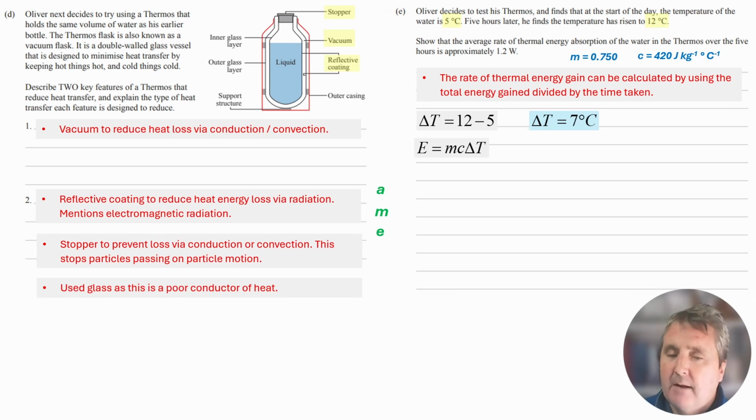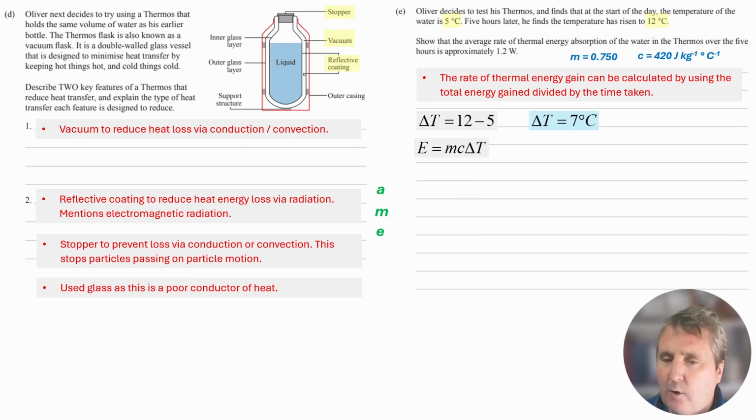After we've done that, we can find out how much energy is lost, and we can work out how much energy is lost by taking the mass of the water that we have here, taking the heat capacity of water, that is how much heat is needed to raise a kilogram of water by 1 degree Celsius.